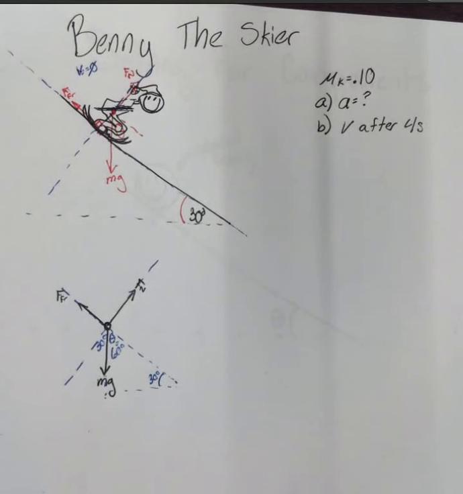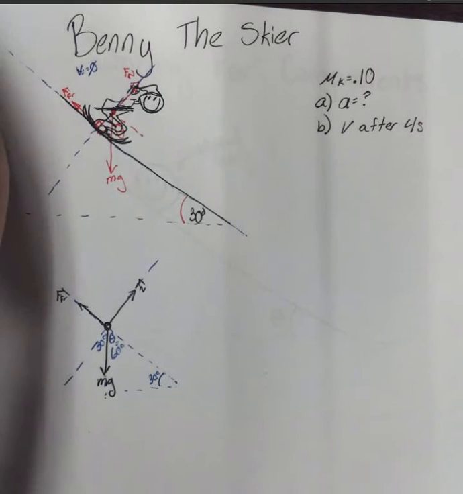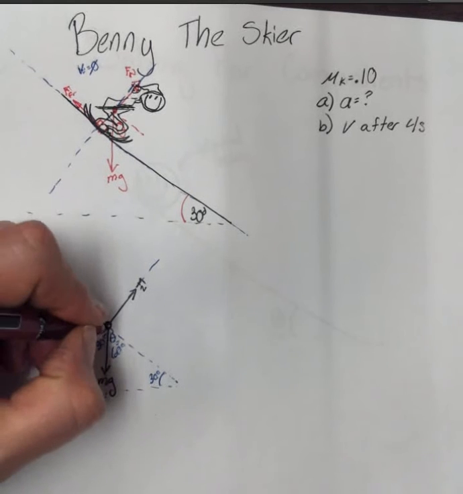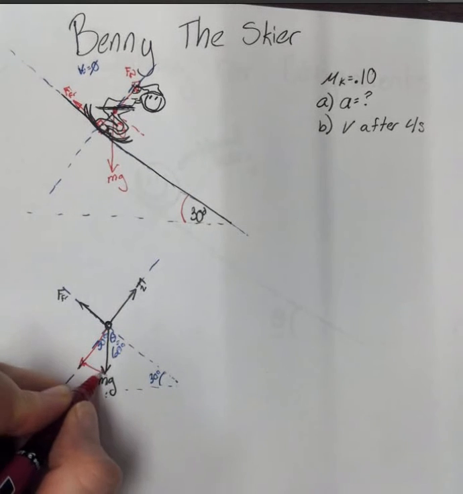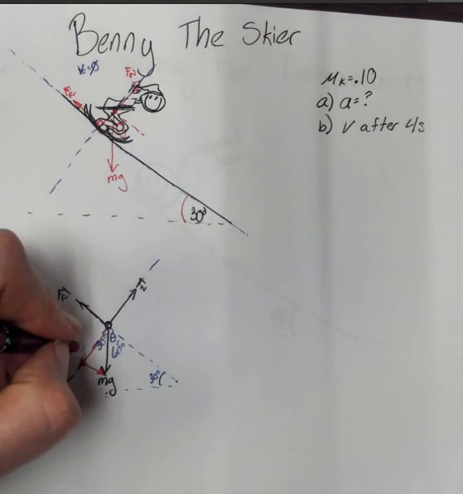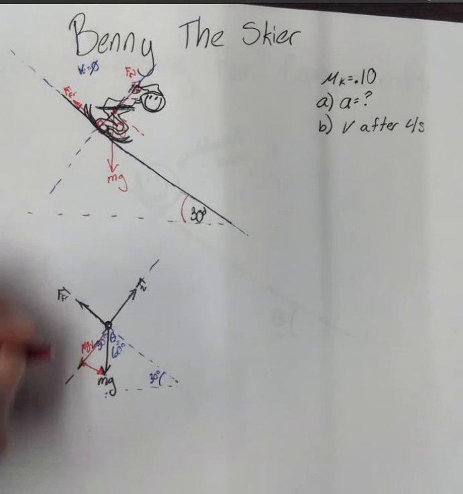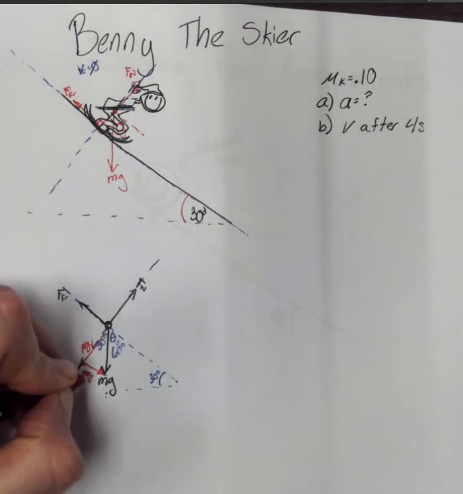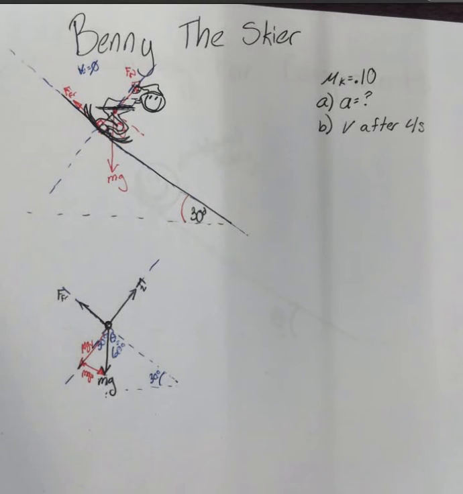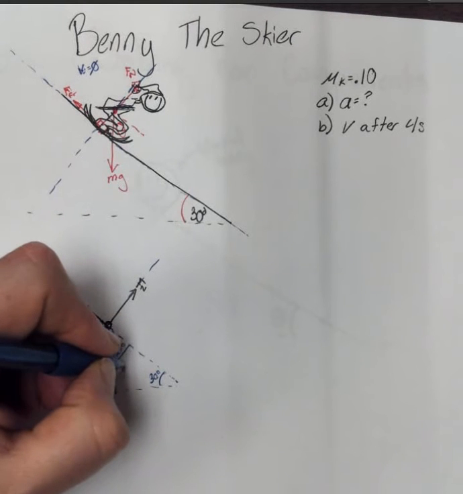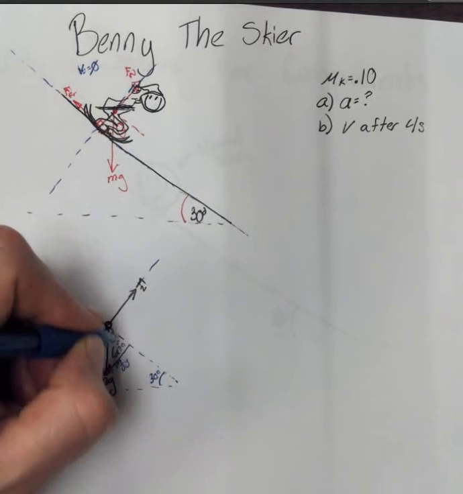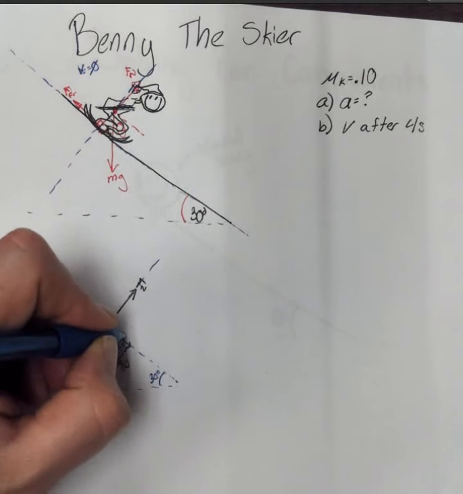So this gives you two options. You can resolve for the x and y component of the force, where this is mgy and this is mgx, or you can resolve for the x and y components on this side, where this is mgy and this is mgx.